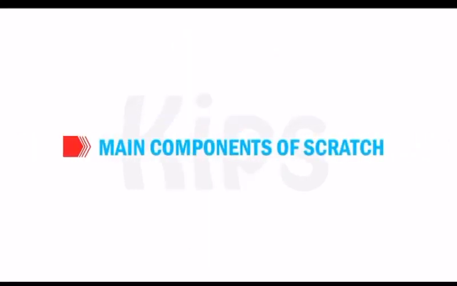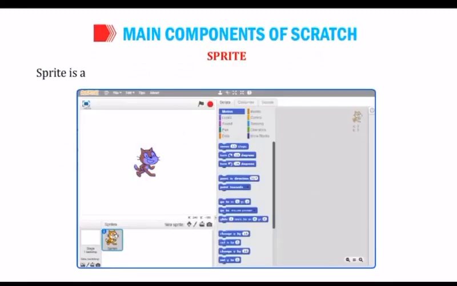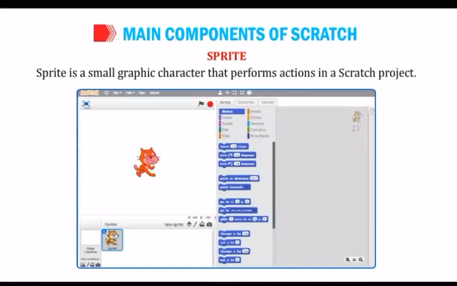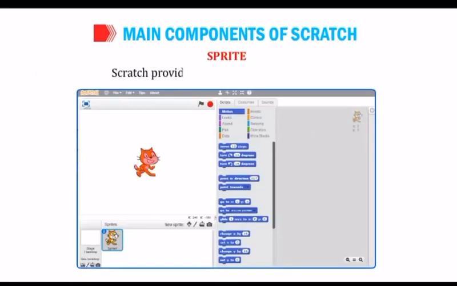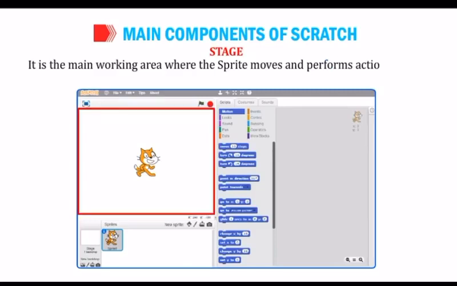Let's learn about main components of Scratch. Sprite. Sprite is a small graphic character that performs actions in a Scratch project. Scratch provides a number of inbuilt sprites. Cat is the default sprite in Scratch. Stage. It is the main working area where the sprite moves and performs actions as per the given instructions.